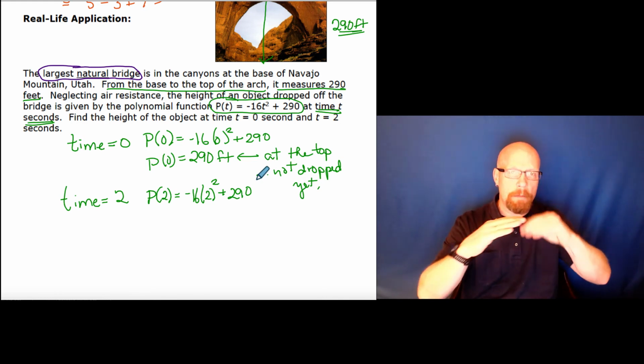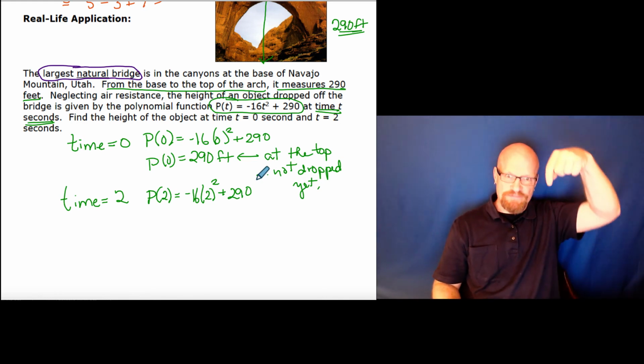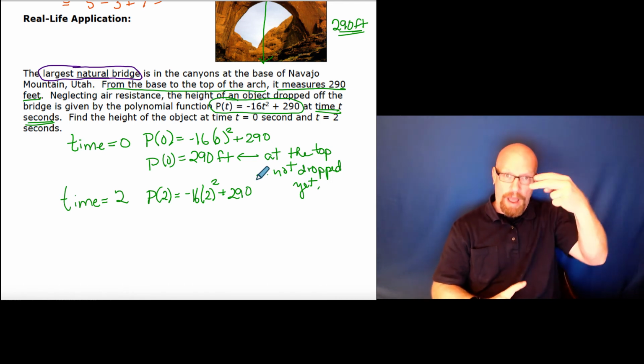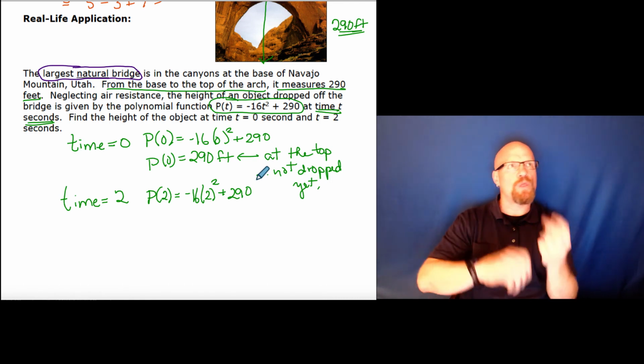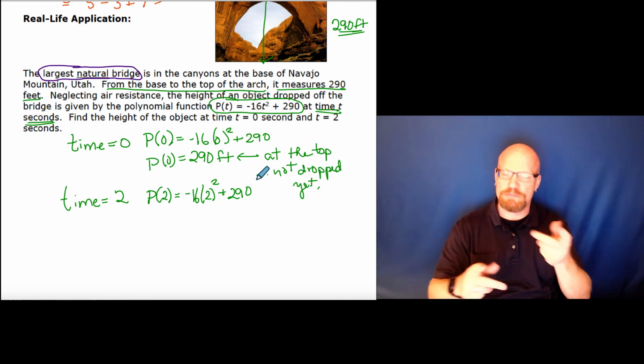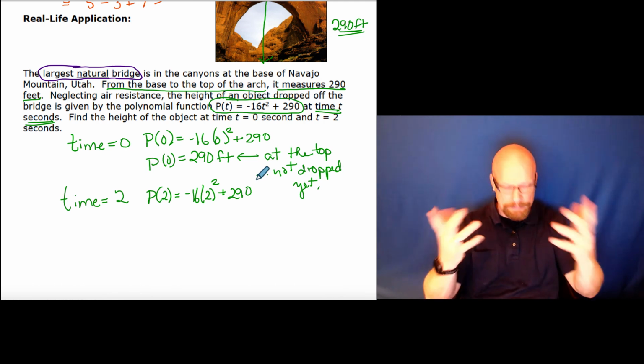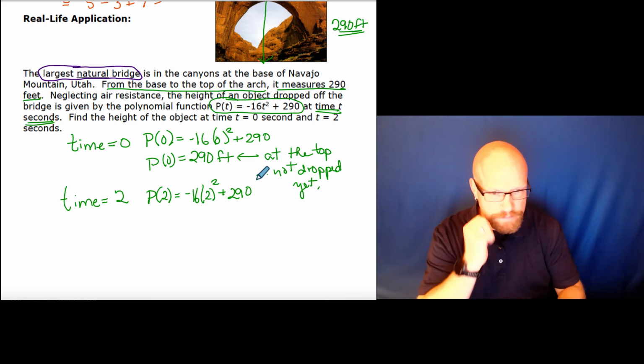We should expect an answer below 290 because it's falling down. It's losing height. If I get an answer bigger than 290, it should be a red flag. It means I threw it up in the air. I didn't throw it up in the air. So be careful on the answers you see and what you expect.